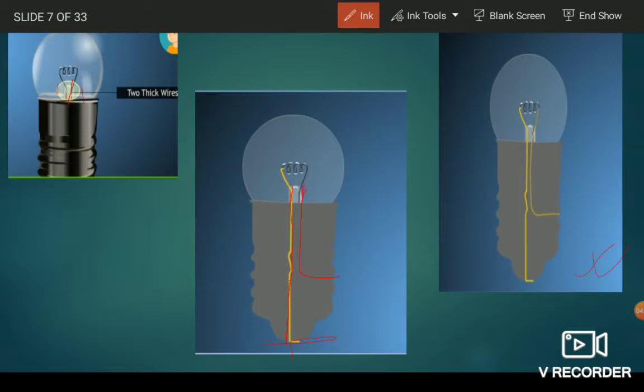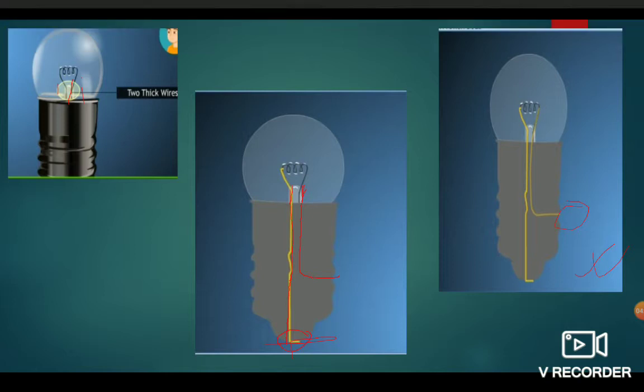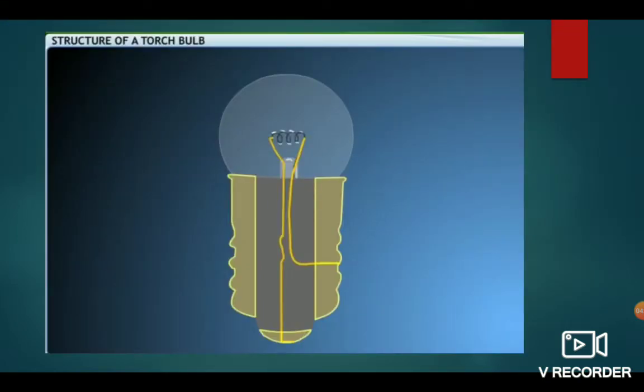These are the two terminals of this torch bulb, and these terminals are fixed in such a way that they do not touch each other.